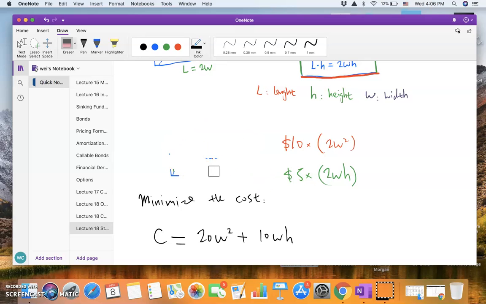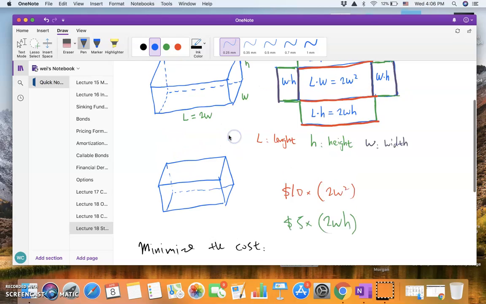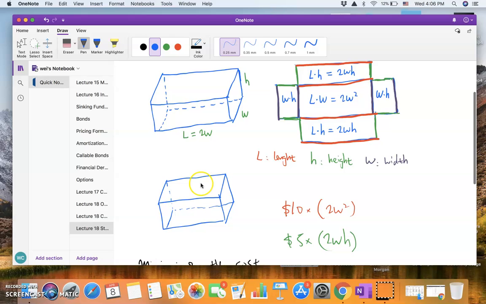Let me graph this. And we still have two sides, the front side and the back side.